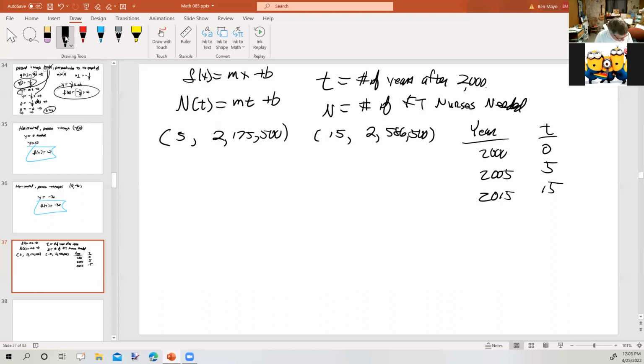As we looked at earlier, several problems ago, if we have 2 ordered pairs that are on the line, we can get the equation. So first of all, let's get the slope. The slope is going to be y sub 2 minus y sub 1 over x sub 2 minus x sub 1. Now, technically, the ordered pairs are t and n, but they're just like x and y. I'm going to call this point 1 and this point 2.